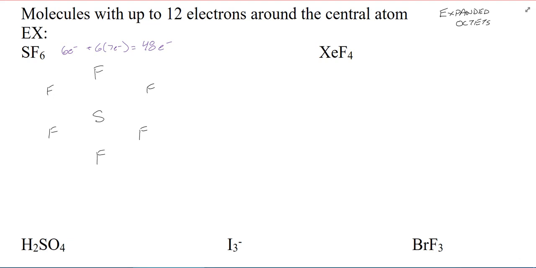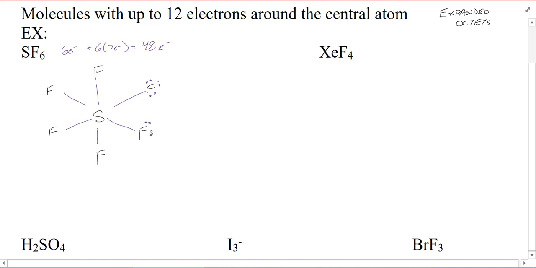First thing we're going to do is bond. 2, 4, 6, 8, 10, 12. I can have up to 12, so that's okay. Then 14, 16, 18, 20, 22, 24, 26, 28, 30. And some of you guys already know that 6 times 8 is 48.